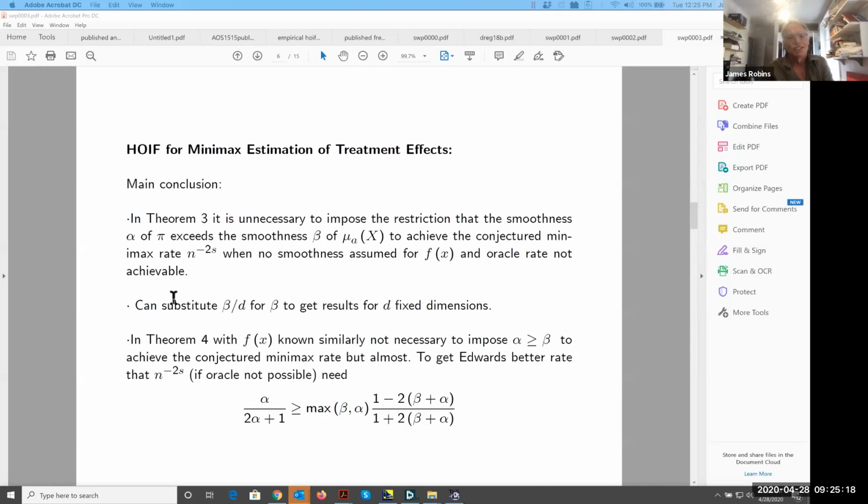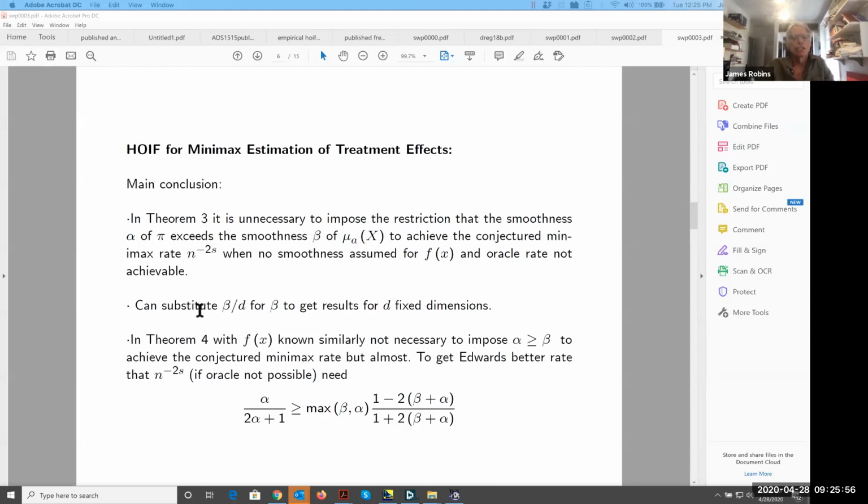So the main conclusion I get is in his theorem 3, where he's using the minimax estimator without f of x known. In order to get the minimax rate of n to the minus 2s, where s is the average smoothness of the propensity score and the outcome regressions, he has to assume that the smoothness alpha of pi exceeds the smoothness beta of the outcome regressions.